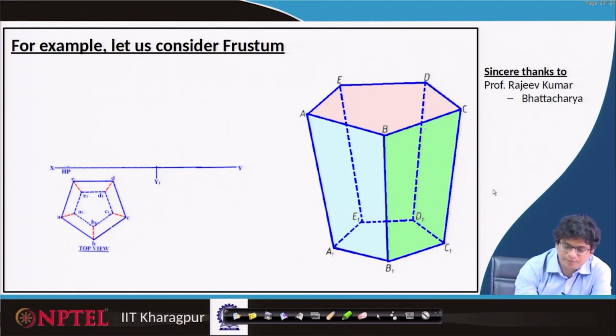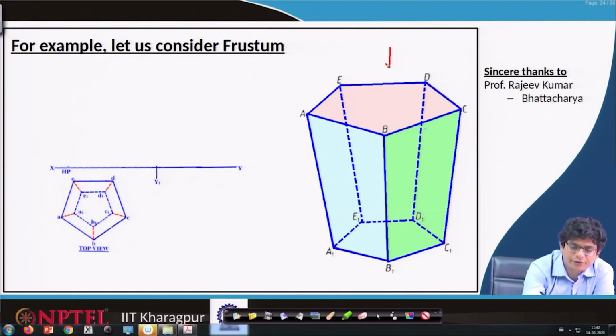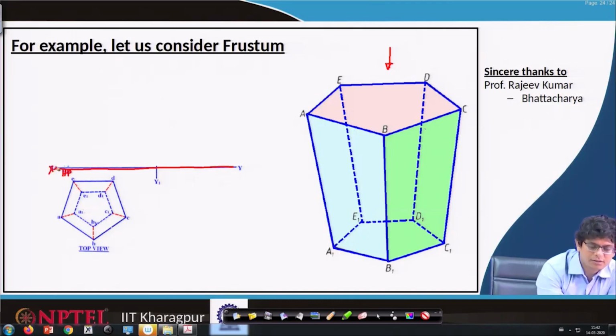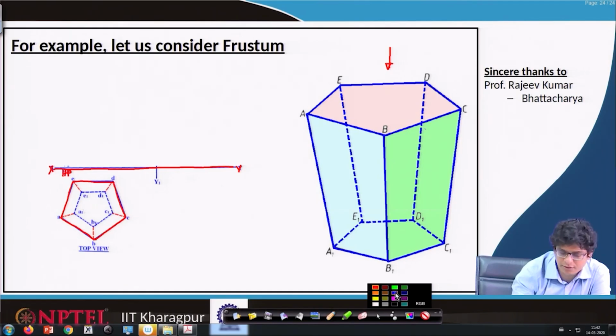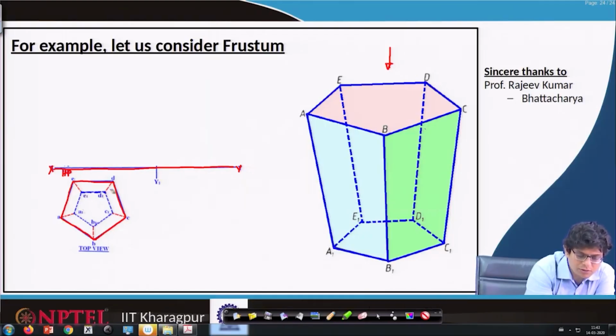Let us take the top view. We are looking from that direction, at the xy plane, the horizontal plane. As we have guessed, ED, AE, AB, BC, CD are visible. This is always visible. The inside ones are not visible lines.